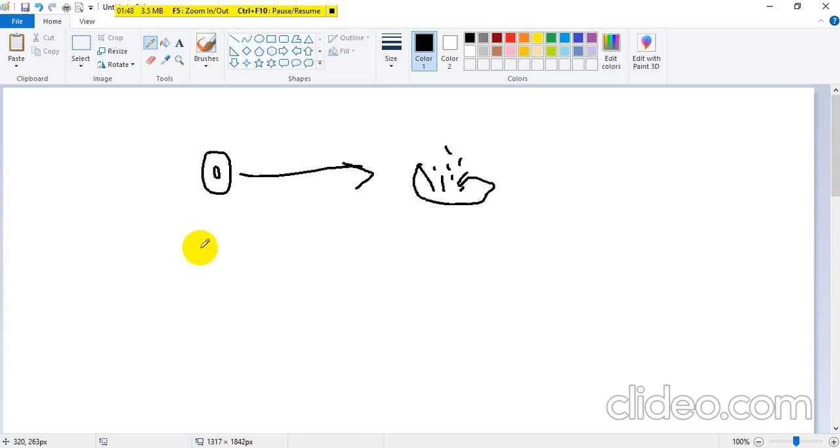Opsonization means coating. So when we see the microorganism, if this is a virus, then when the immune system recognizes it, it will coat it with antibodies. This is an antibody, so it will coat it with antibodies.